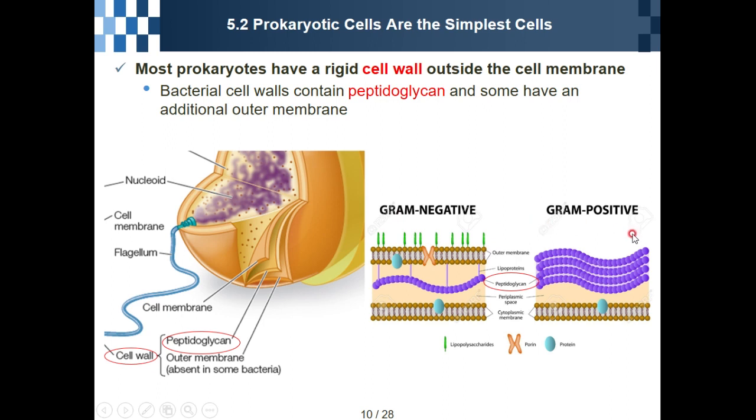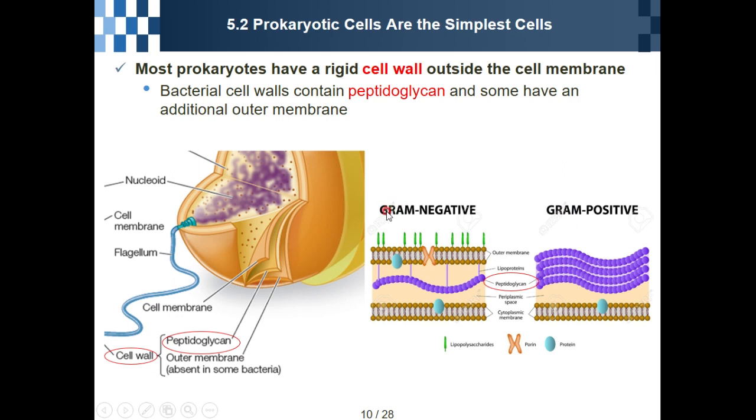Today I will not cover details, but here is the cell membrane, and after that the peptidoglycan layers. Gram-negative bacteria have one layer of peptidoglycan. However, gram-positive bacteria have several layers of peptidoglycan.